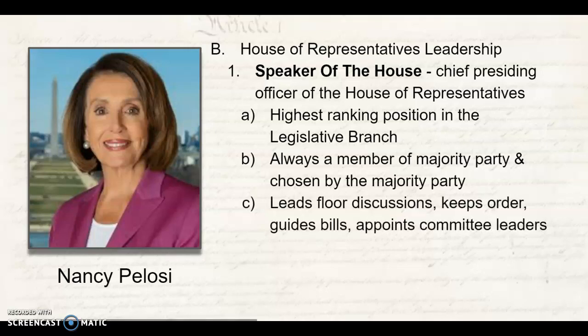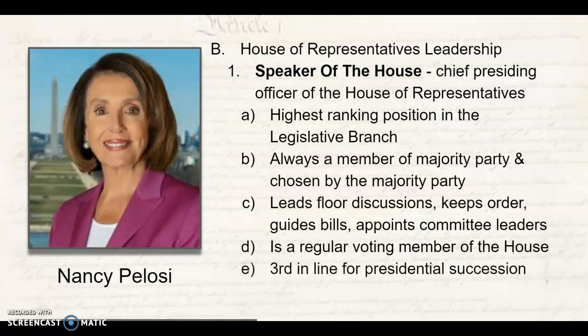The Speaker of the House leads floor discussion, keeps order, guides bills, and appoints committee leaders. She is a regular voting member of the House. And she is third in line for presidential succession. So she is the third most important person in terms of the leadership structure, right?